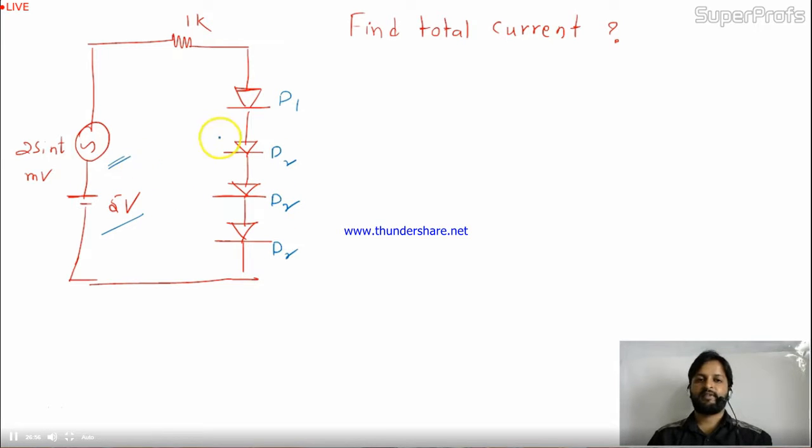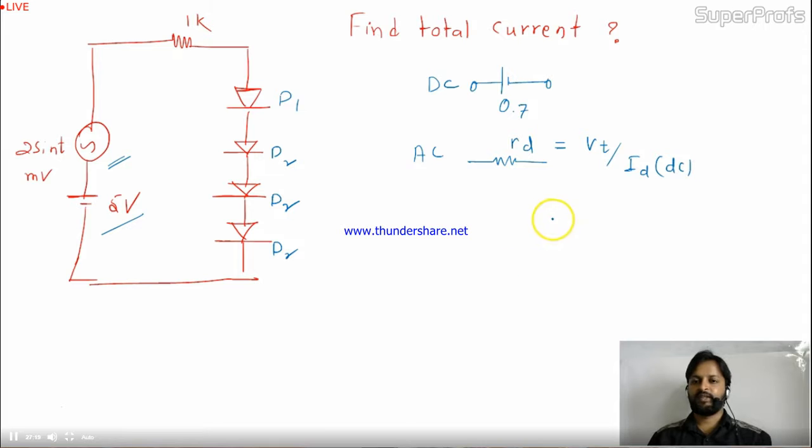And we have seen just now that the diode works like a simple drop across it for the DC source, and for the AC source the diode works like a resistance whose value is given by VT divided by IDC, right? And VT for this question is already given as 25 millivolt.